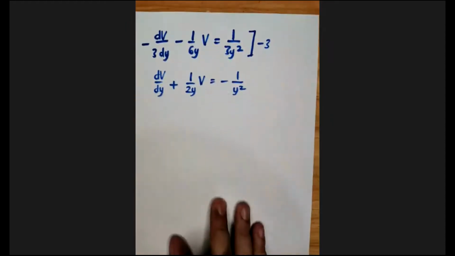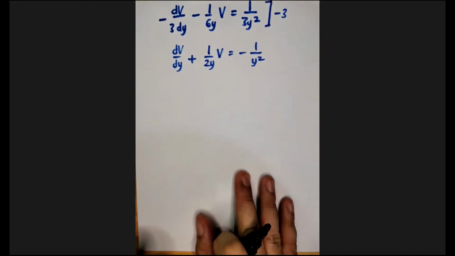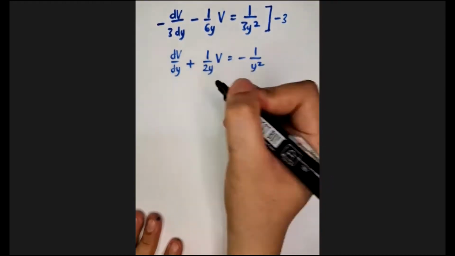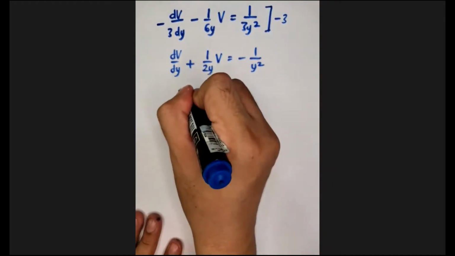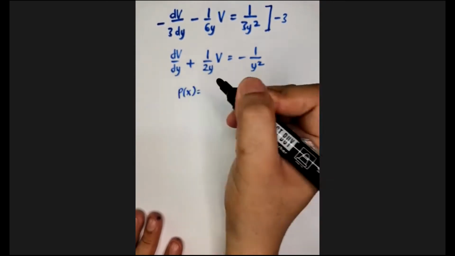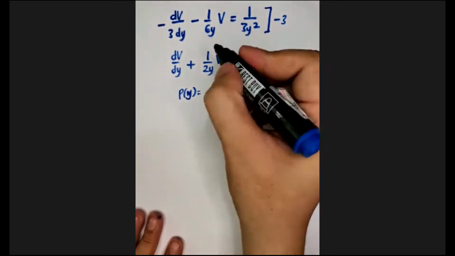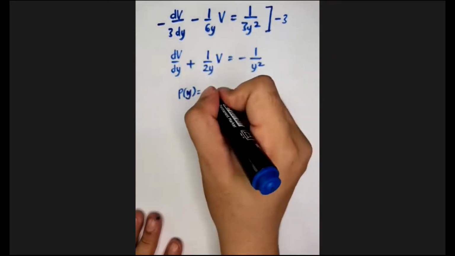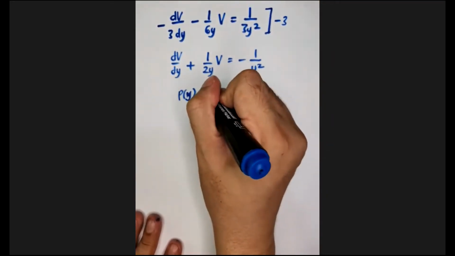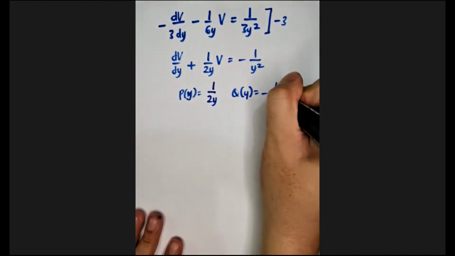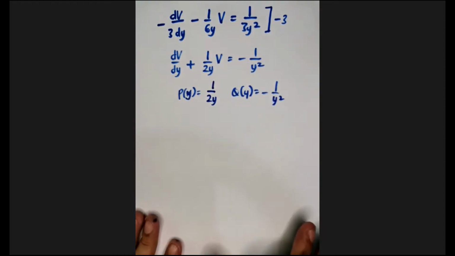Now we'll solve it as linear. What's our p of x? Actually, it's not p of x, it's p of y, because we're working with dy. So p of y is 1 over 2y, and q of y is negative 1 over y squared.